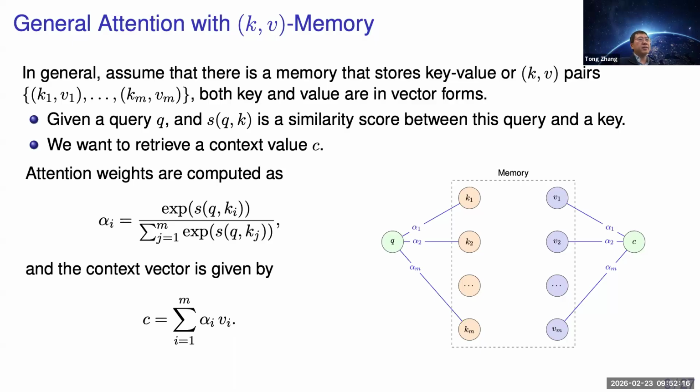You can think about it this way: if one alpha_i is very large, right, the others are 0, then that alpha_i is 1 and the others will be 0. So you are retrieving the value associated with a single key. That is the typical memory, retrieving a single value corresponding to a single key.